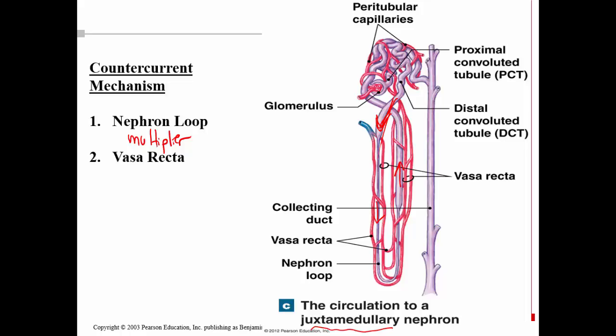And then the vasorecta, of course, is the straight arteriole that basically clings to the loop. And this is called the countercurrent exchanger. Now this particular drawing shows one vasorecta around one nephron loop, but in reality there are many vasorectas surrounding one nephron loop. So there are quite a few blood vessels here.